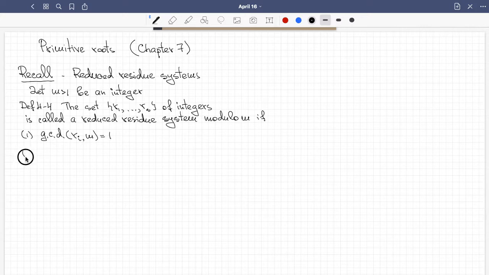Second, they are all distinct modulo m. Ri is not congruent to Rj modulo m whenever i is different from j.